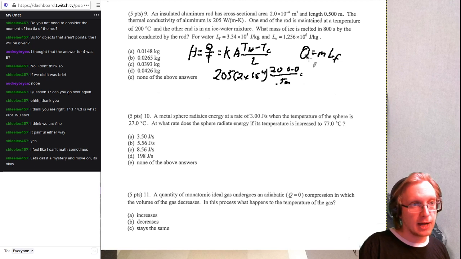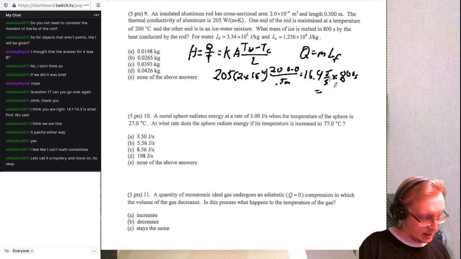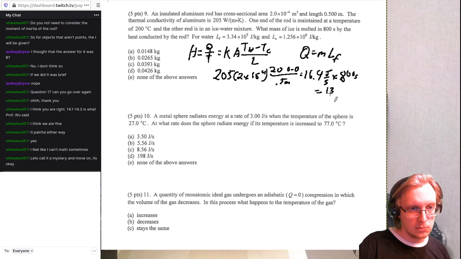So that's 205 times 2e minus 4 times 200 divided by a half, equal to 16.4 watts, also known as joules per second. Multiplied by 800 seconds, that is 1312 joules. So then this is equal to our ML.